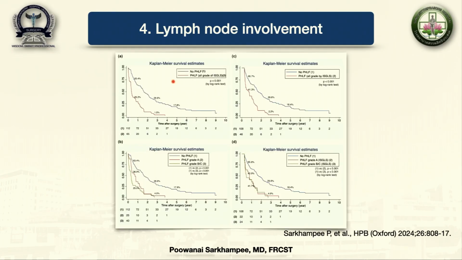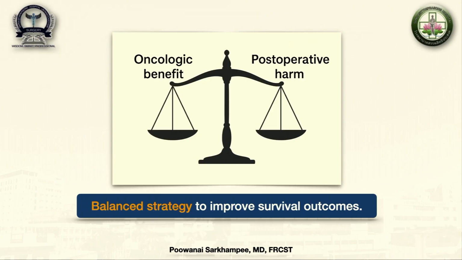You can see the patients with post-hepatectomy liver failure had poor long-term survival compared to patients without it. So nowadays, my center applies a balanced strategy. We balance the oncological benefit, where you want to achieve R0 resection by left trisectionectomy, right trisectionectomy, vascular resection and reconstruction, against the postoperative harm, because post-hepatectomy liver failure impacts long-term survival.